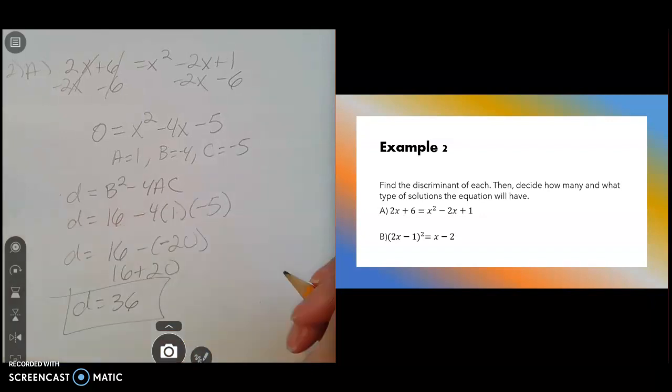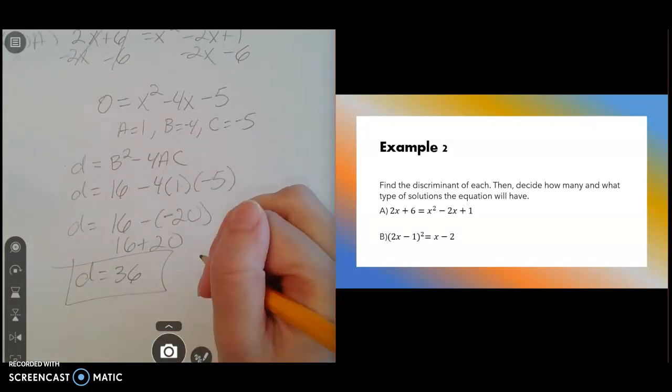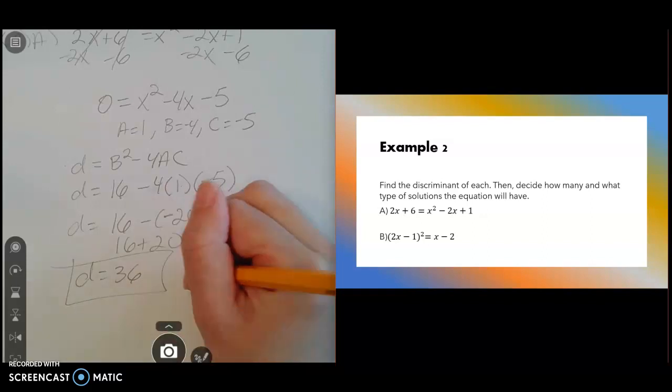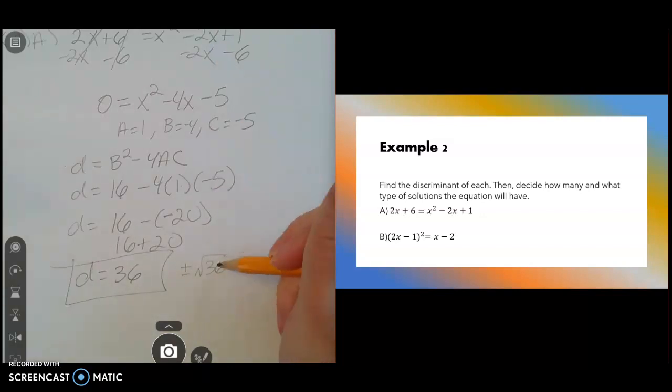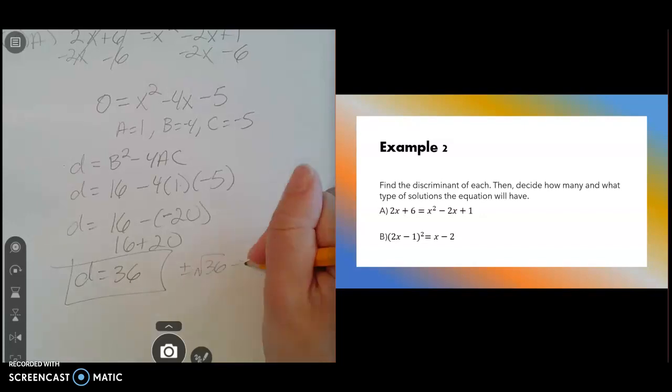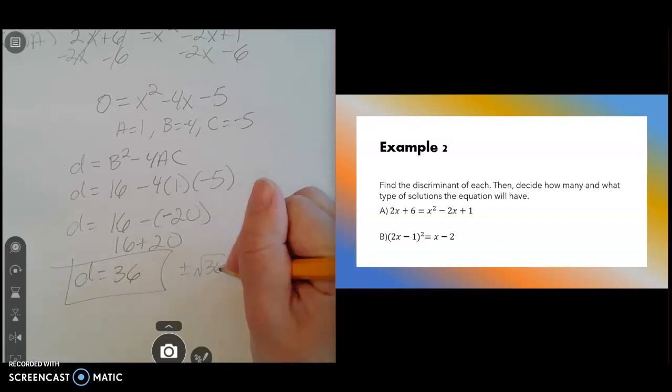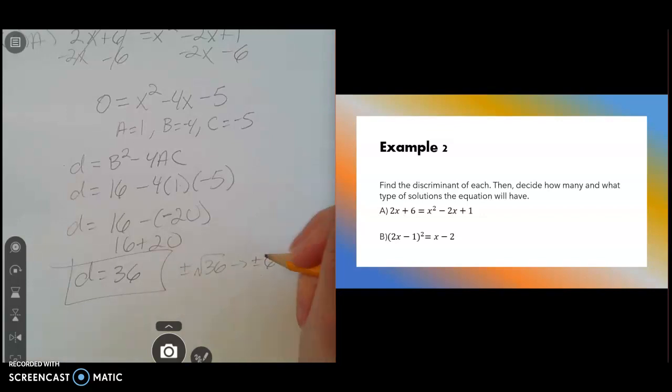All right, so if it helps in your brain to be like, what kind of answer am I going to get? Well, we're going to do the plus or minus of square root of 36 in the equation, aren't we? So 36 is a perfect square. It's positive. We're going to be able to take that square root really nicely, right? It'd be plus or minus 6, which is really nice.